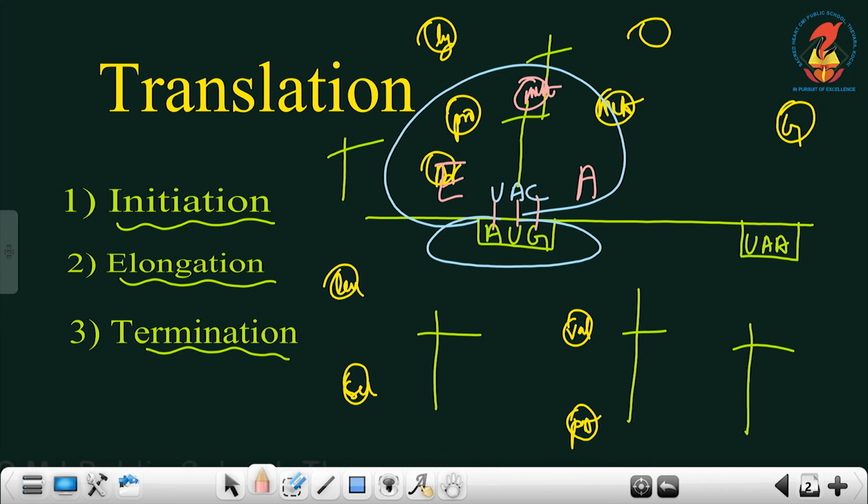When the stop codon is reached, a releasing factor binds at the stop codon and it terminates the process of translation, and the polypeptide chain is released, the ribosomal units large and small are released and dissociate, as well as the tRNA is also released. This is how protein synthesis takes place. It is coming under the headings initiation, elongation and termination.